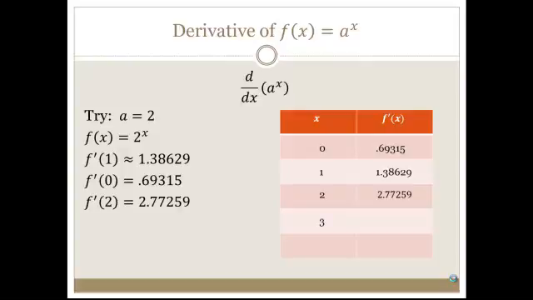If we were to carry this calculation on for x equals 3, we would find in similar fashion that f prime of 3 is roughly 5.54518. Before we move on to x equals 4, let's look for a pattern in our values of f prime of x.